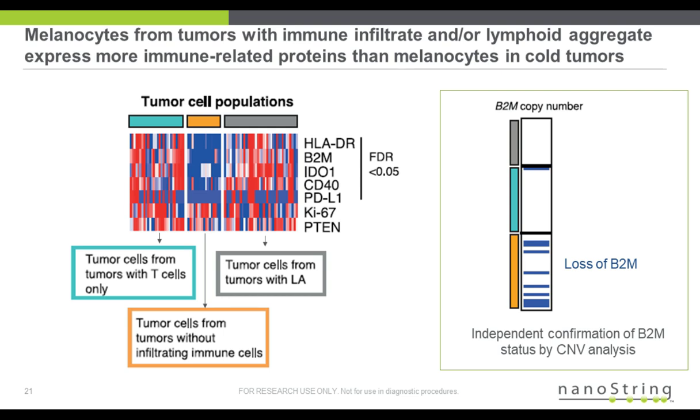And what you can see is that there are very different patterns. There are the canonical cold tumors in the middle indicated in the yellow bucket where there's very little expression of activation molecules or antigen expression molecules by the tumor cells themselves.